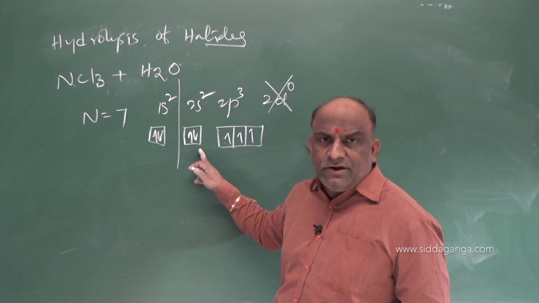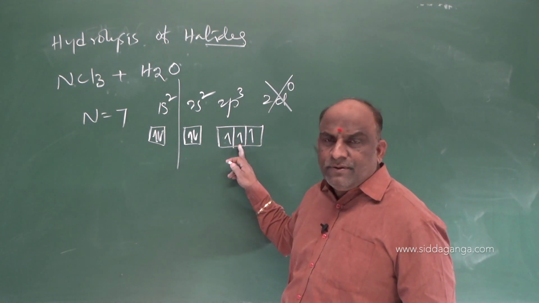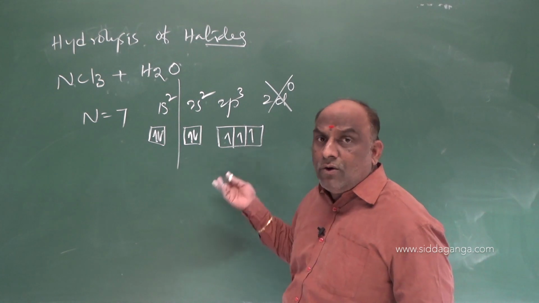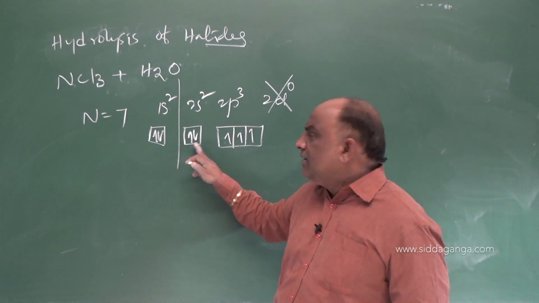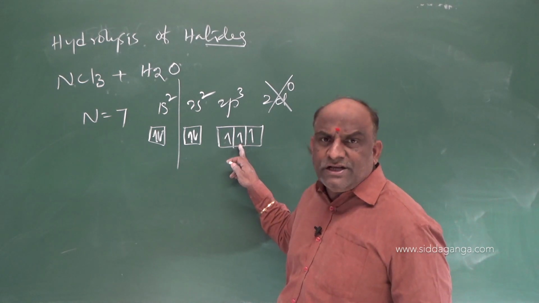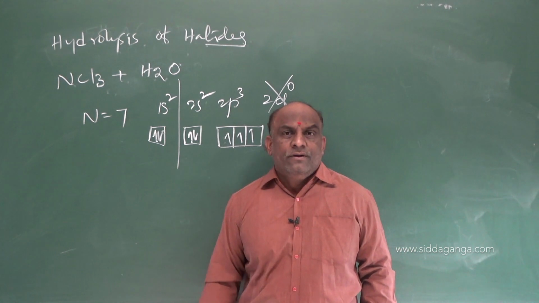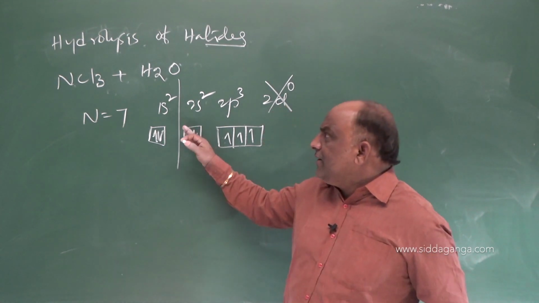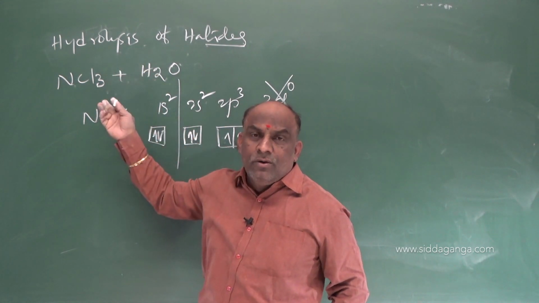Is it right or wrong? Yes or no? No. Because in nitrogen atom 2s is completely filled and 2p is half filled. Is it possible for 2d? There is no possibility of 2d. Then is nitrogen atom ready to undergo hydrolysis reaction? No.